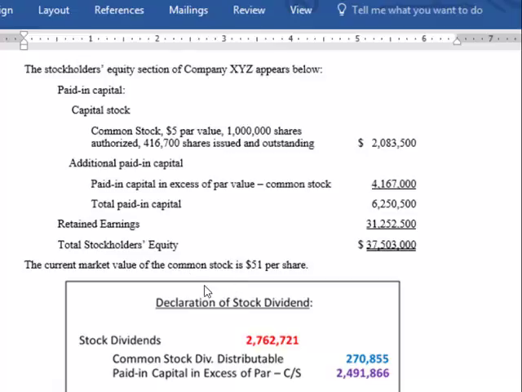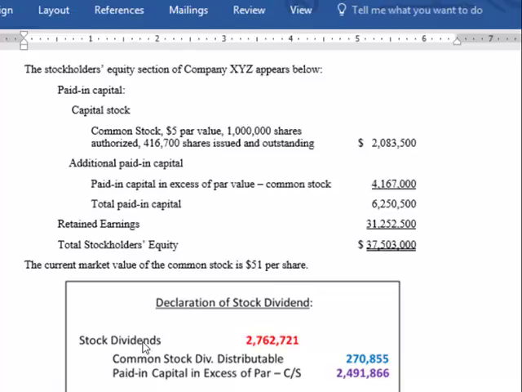Next, we're going to credit a new account called Common Stock Dividends Distributable. And we're using the word distributable because at this point we're just declaring the dividends and not actually handing them out. You'll notice that we're crediting this account for just the par value of the new shares of common stock.